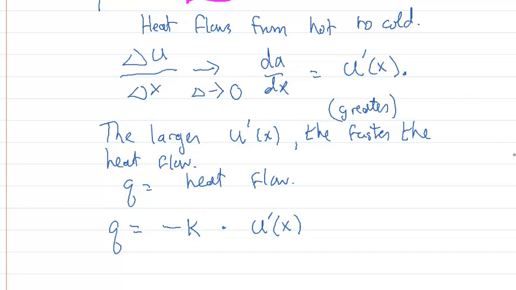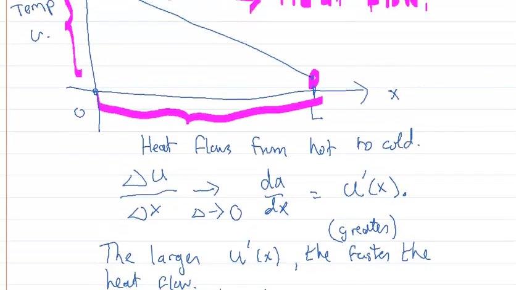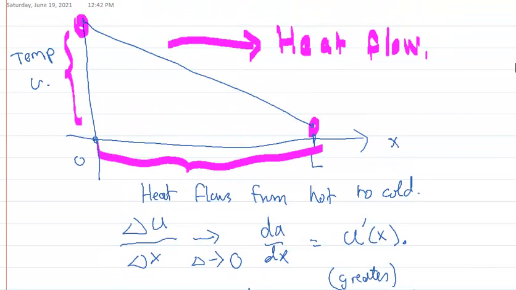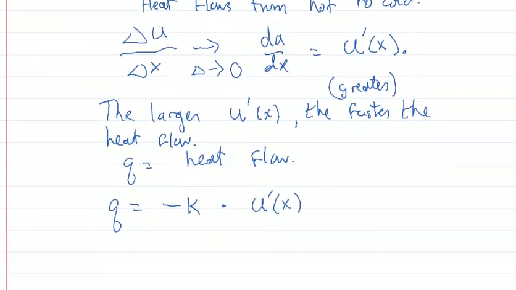Now the other factor I would like to introduce is that the heat flow dependence may vary with x if the rod is non-uniform. So I'm going to write this minus kappa of x. This minus indicates that heat flows from hot to cold.